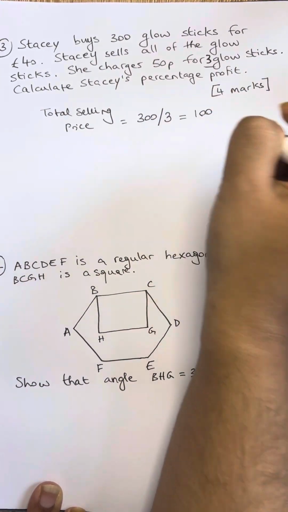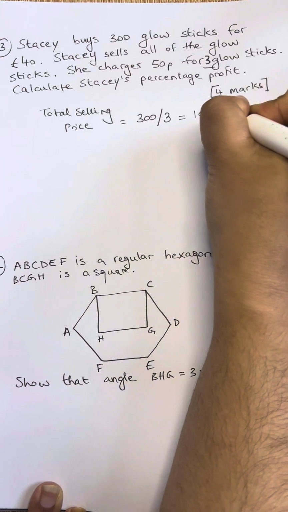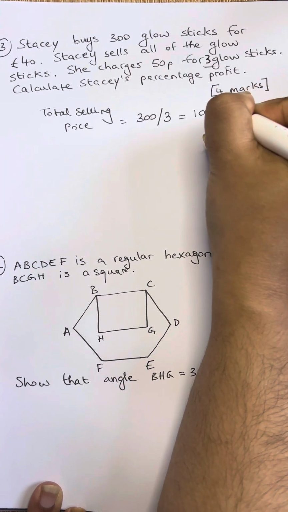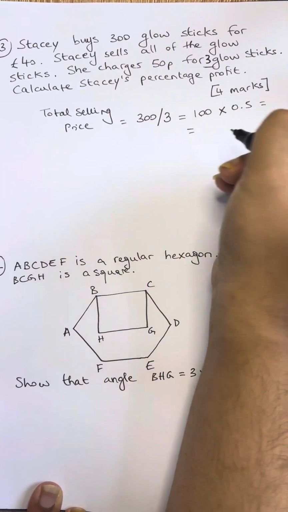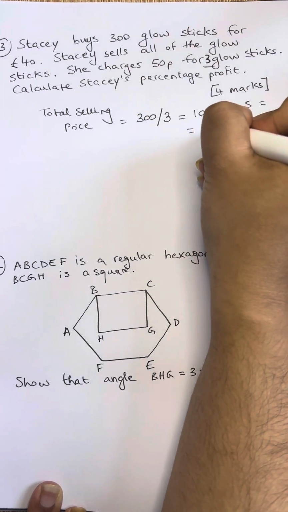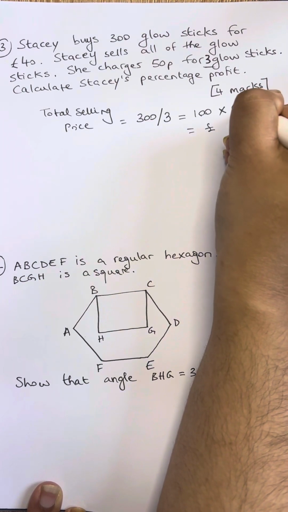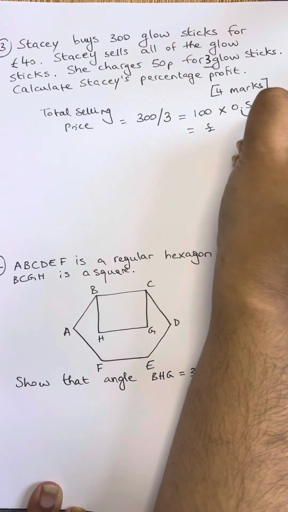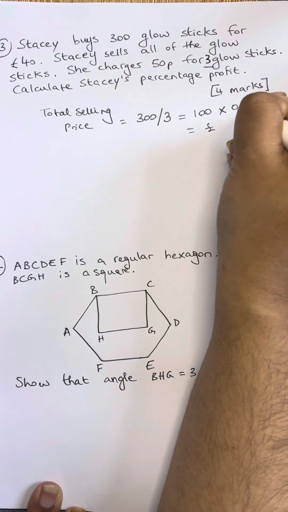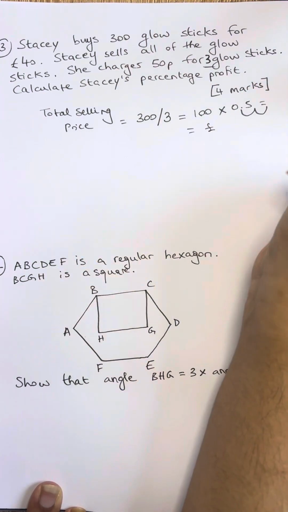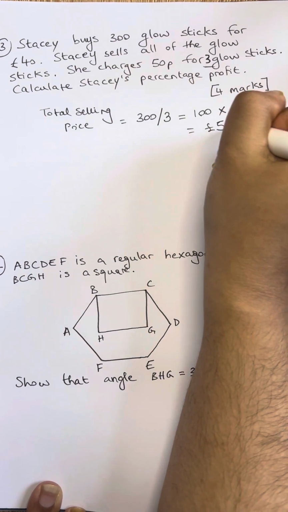That's 100. And then I just need to multiply this by 0.5, which is going to give me £50, because I just need to move the decimal once to the left. So that's going to be £50.